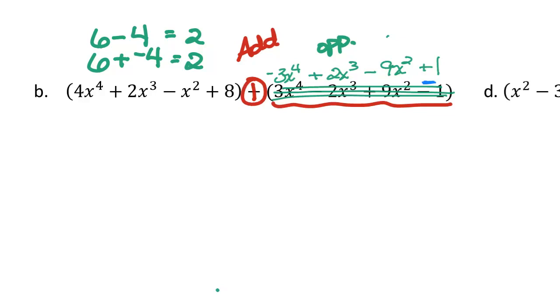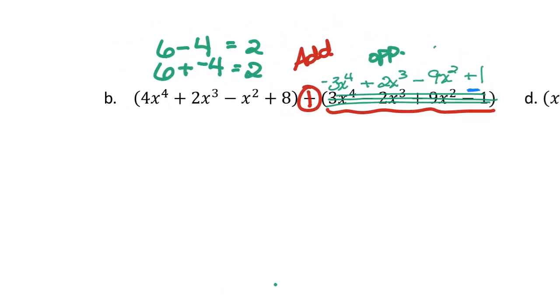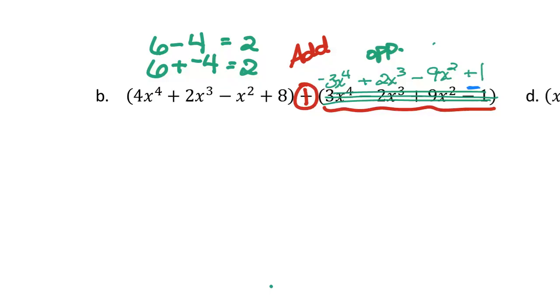All right? So I'm keeping my first set of parentheses the same. Where am I going to put the negative 3x to the 4th? I'm going to stack it up with the x to the 4th. Okay, and remember, we're adding all these. So I've taken care of that one.